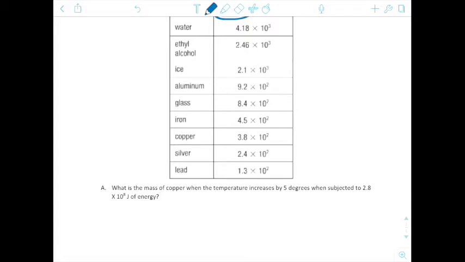And it says, what is the mass of copper when the temperature increases by 5 degrees when subjected to 2.8 times 10 to the 8th joules of energy? And so we're solving for mass using Q equals mc delta T. So we're solving for m. So what we will get is m equals Q all over c delta T.